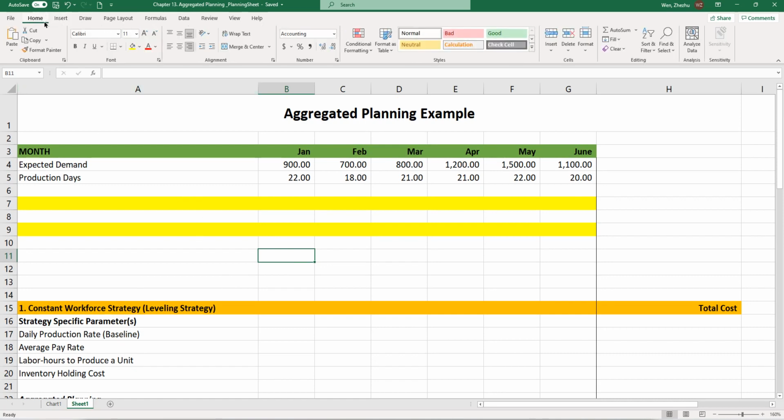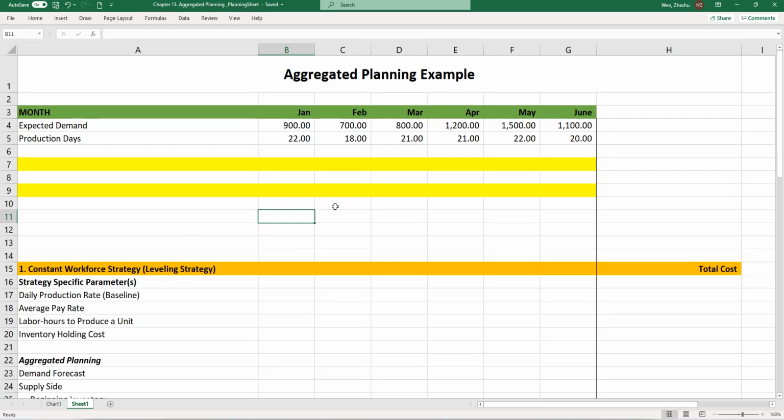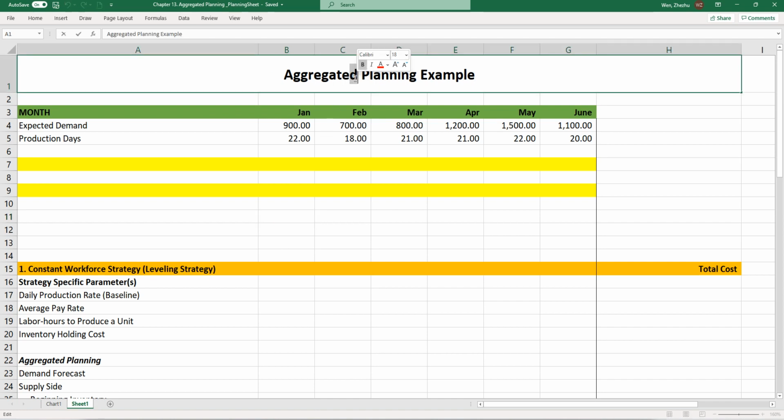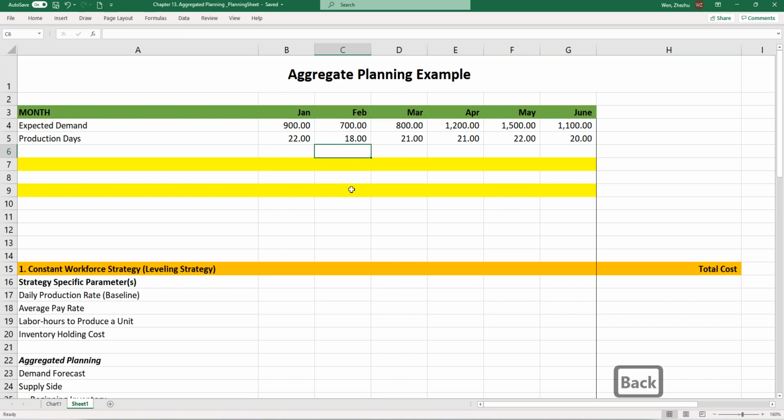So there's actually more than one way of completing this problem. I'm not trying to argue that what I'm doing here is the best way of doing this problem. Okay, if you have a pretty good understanding of this problem itself and the technique, which is aggregate planning, you may try whichever way you think is better.